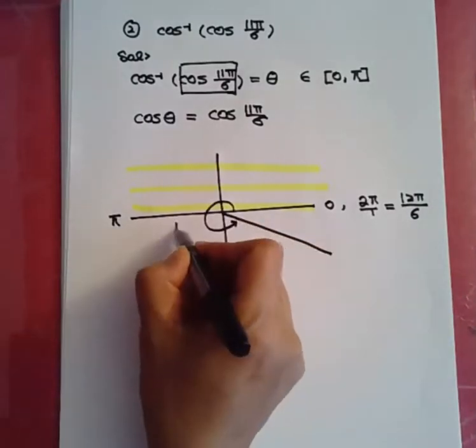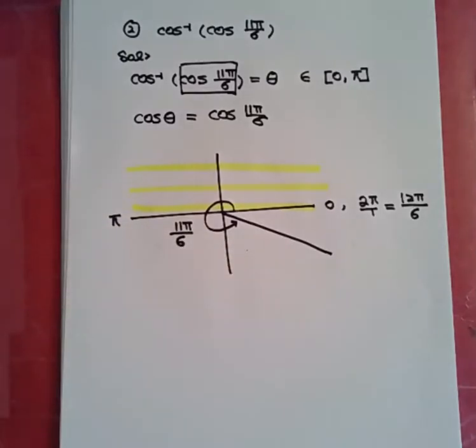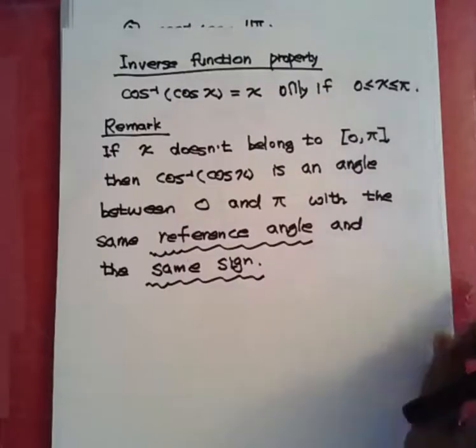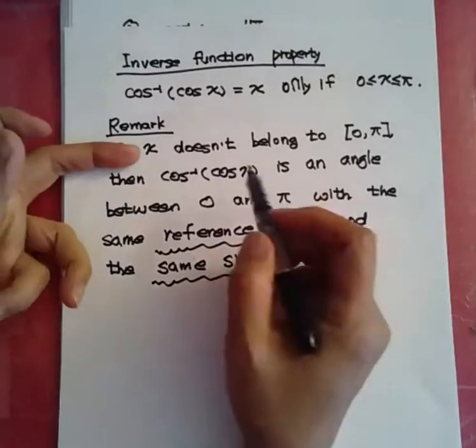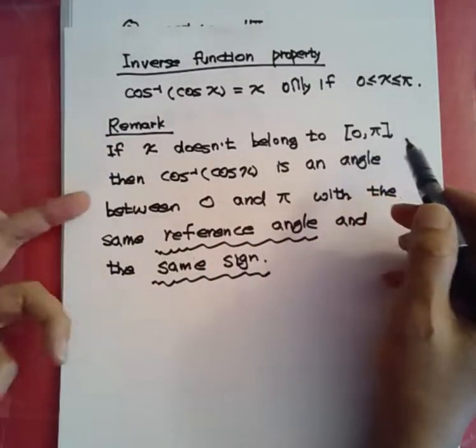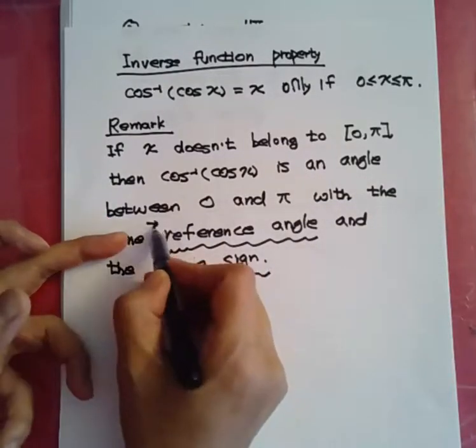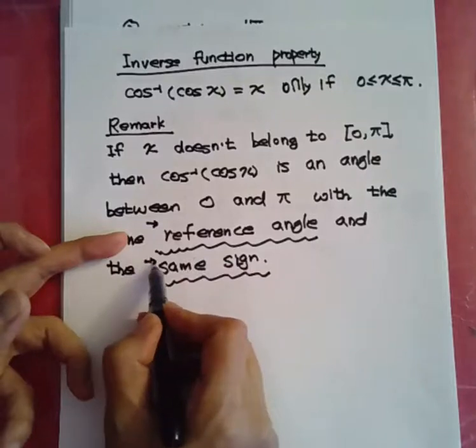This is 11 pi over 6. Previously, what we said was that if x doesn't belong to the interval from 0 to pi, then what we have to consider will be the reference angle and the sign of cosine.